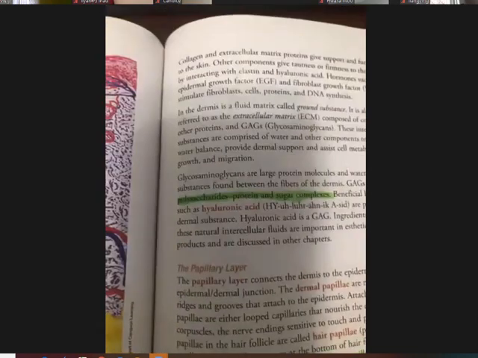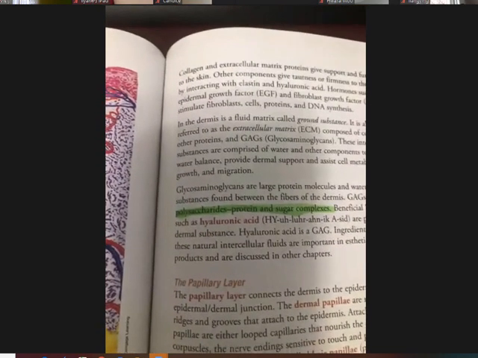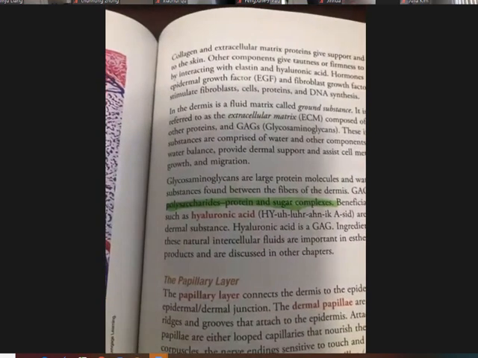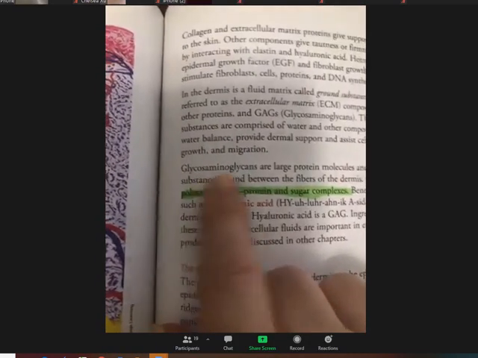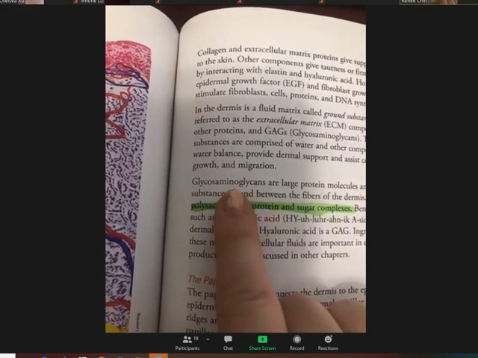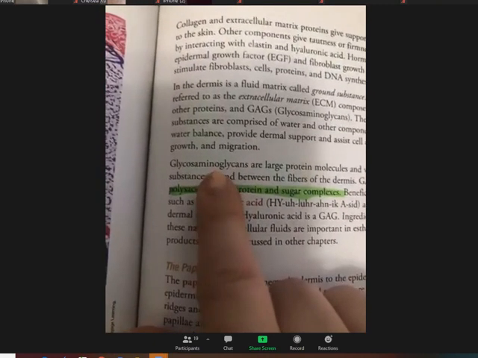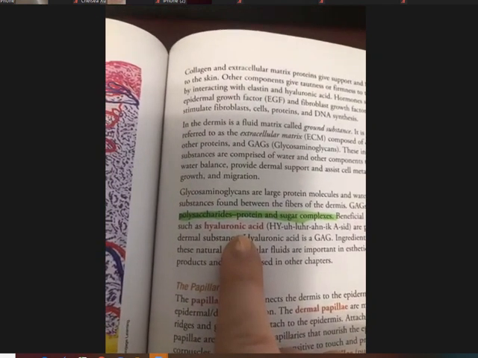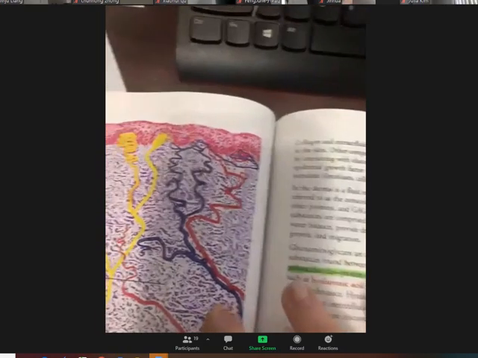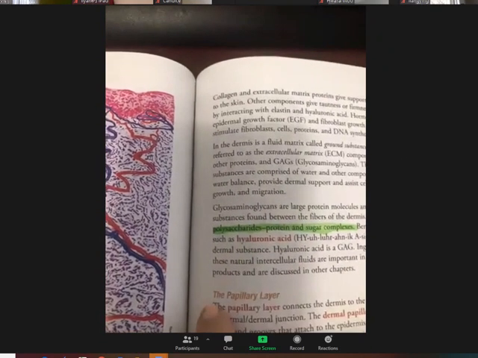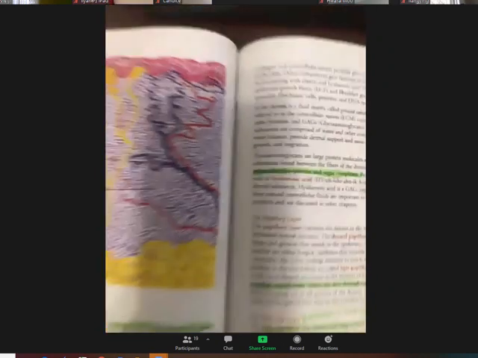Okay, 就是说在你的真皮层呢，你会找到这两种protein，这个是蛋白，这个是蛋白跟糖分，OK，然后呢，这个 hyaluronic acid 是保持水分。OK，所以呢，在这个真皮层呢，你会有这个蛋白跟这个 hyaluronic acid。Okay.